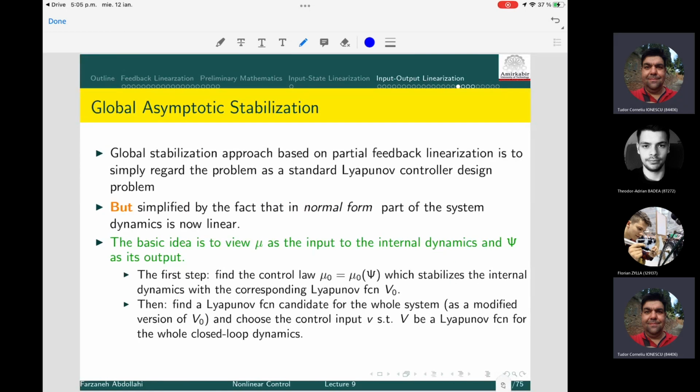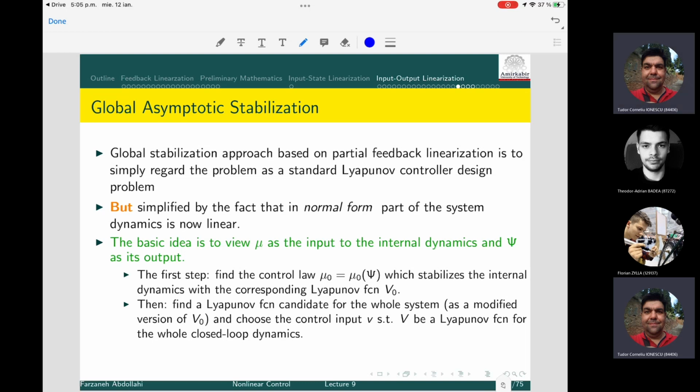The global stabilization approach based on partial feedback linearization, so we can also do that, is to treat the problem as a standard Lyapunov controller design problem. So this is also an application of Lyapunov stability, but simplified by the fact that in normal form, part of the system dynamics is linear. The basic idea is to view mu as the input to the internal dynamics and psi as the output.